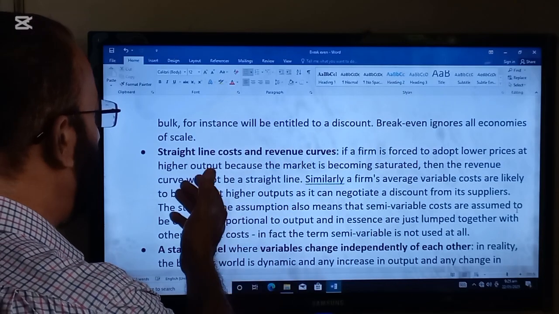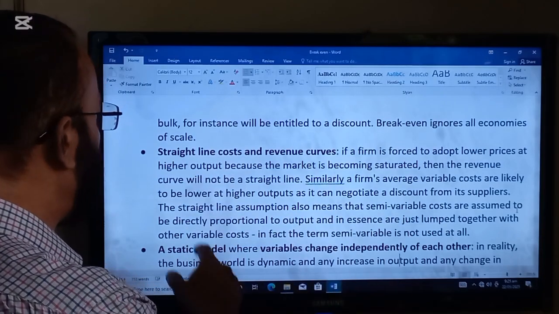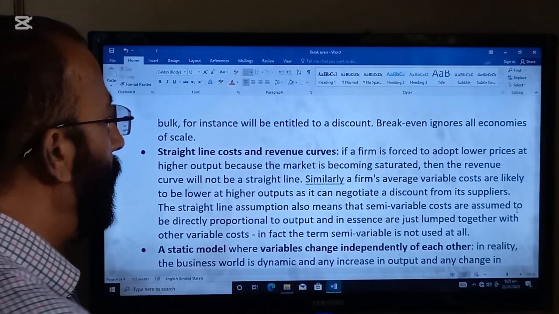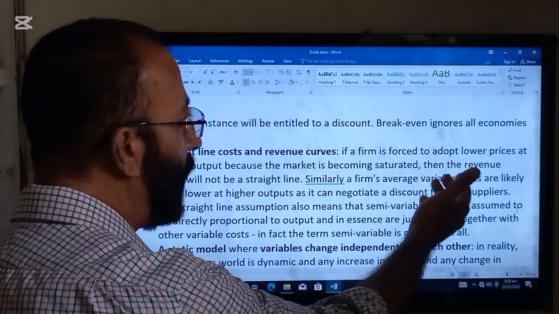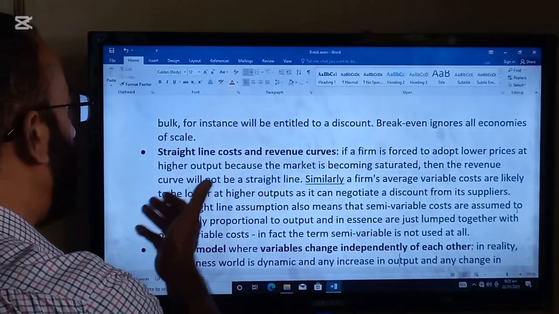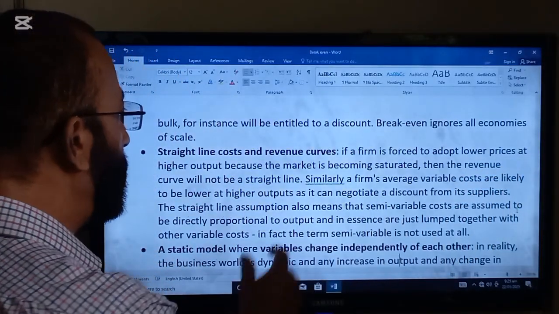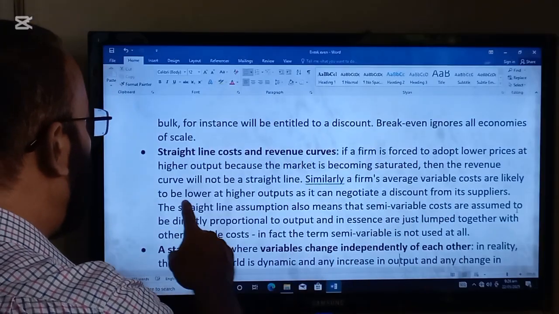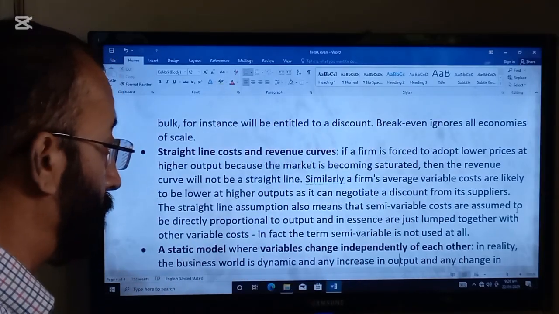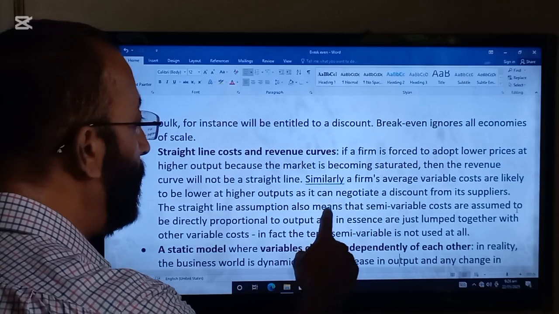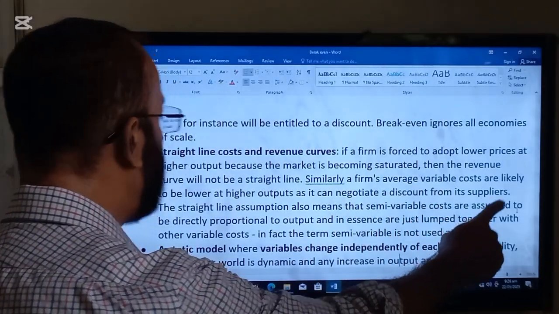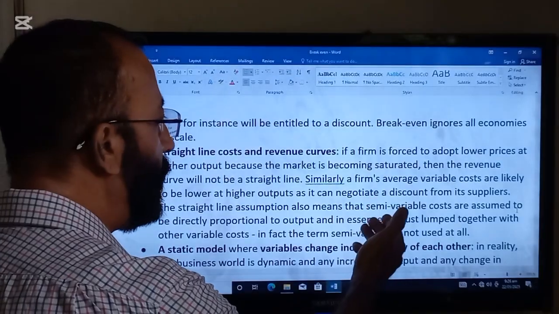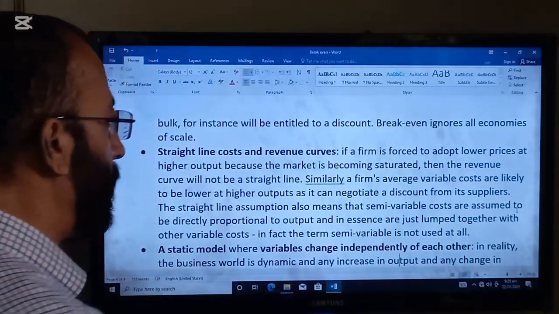Next assumption that we make about the break-even analysis is straight line cost and revenue curves. If a firm is forced to adopt lower prices at higher output because the market is becoming saturated, then the revenue curve will not be a straight line. Similarly, firms' average variable costs are likely to be lower at higher outputs as it can negotiate a discount from its suppliers.